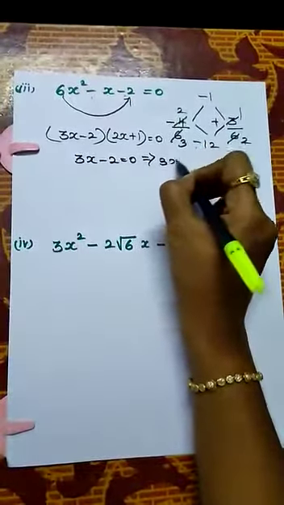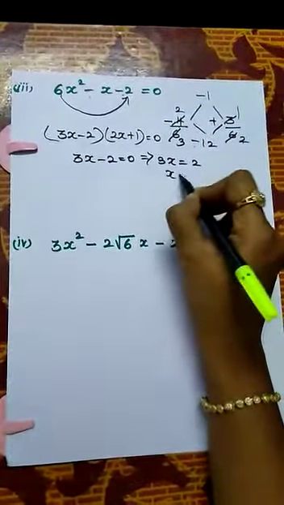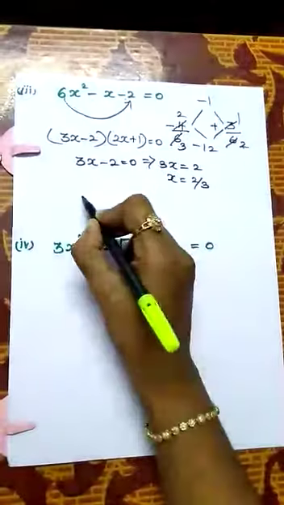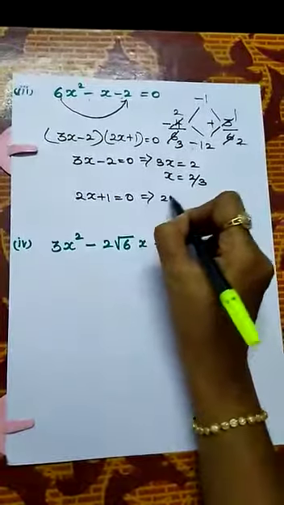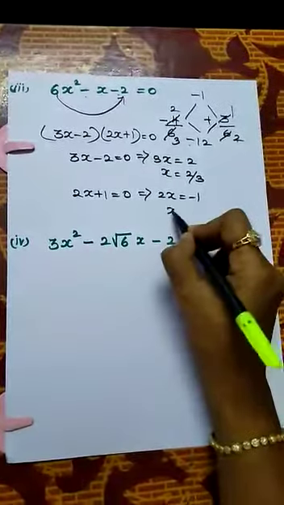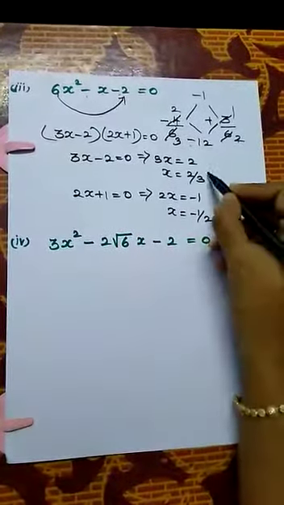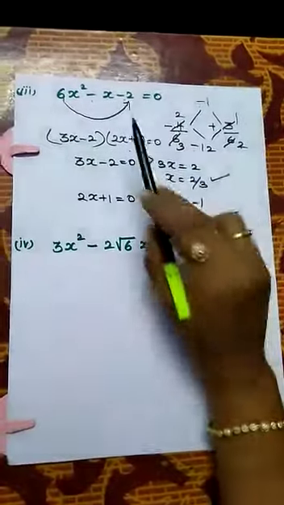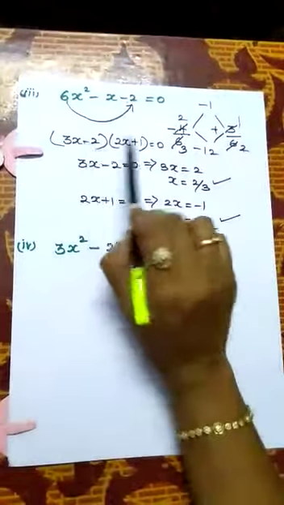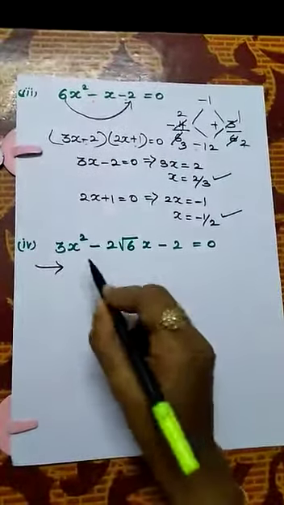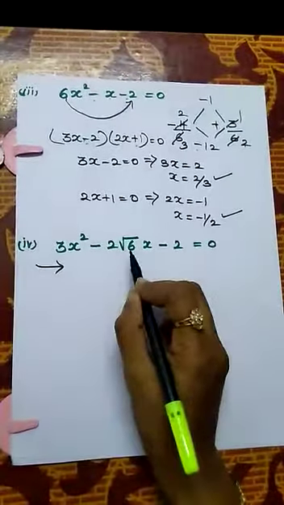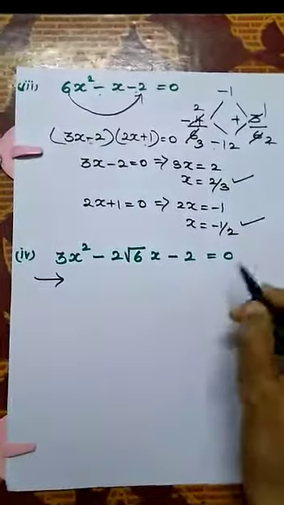So 3x is equal to 2, so x is equal to 2 by 3. The next one, 2x plus 1 equal to 0. So 2x is equal to minus 1, x is equal to minus 1 by 2. These are the factors, and these are the roots.